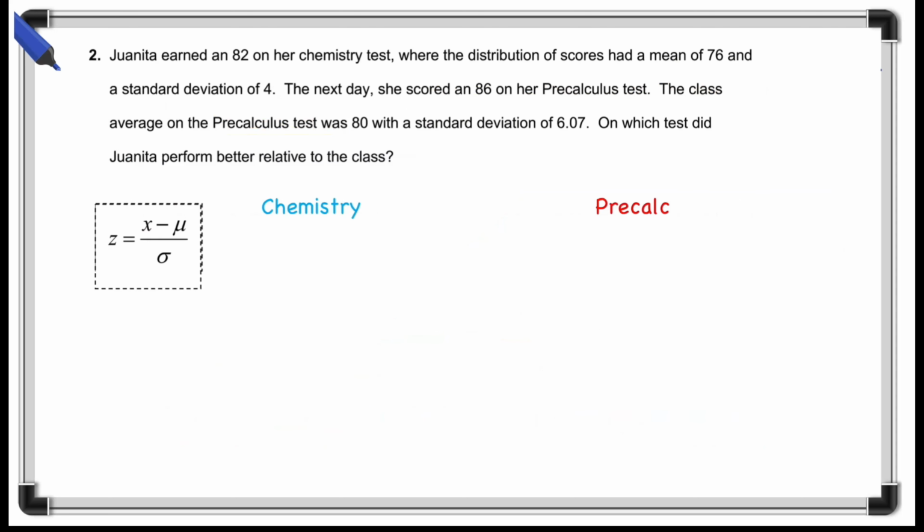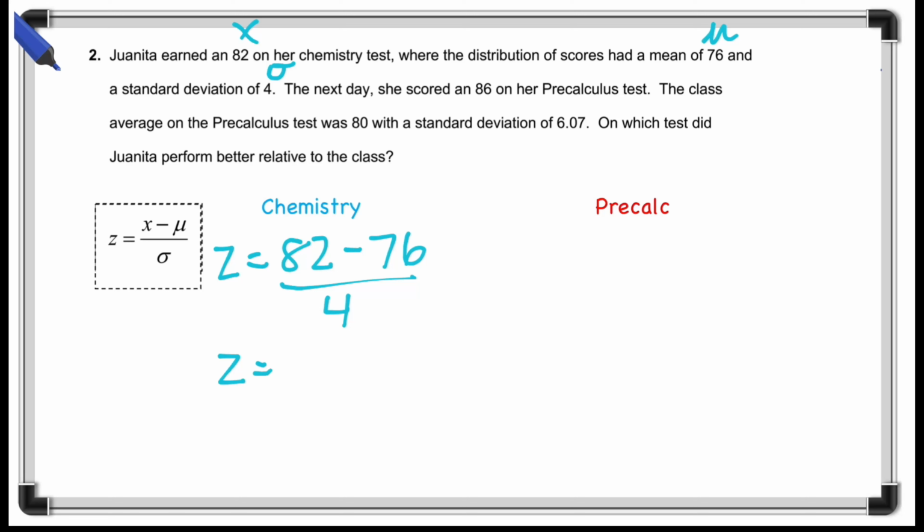So here we're going to look at Juanita, and she earned an 82 on her chemistry test. So that's your data value, that's your X, where the distribution of the scores had a mean, so there's your mu, of 76 and a standard deviation of 4. So now we can find the z-score. The z-score is 82 minus 76 divided by 4.